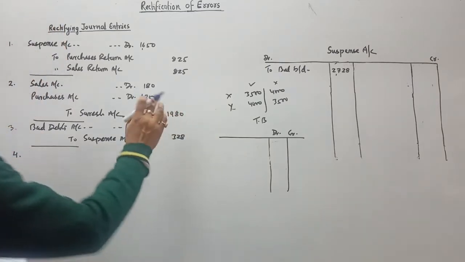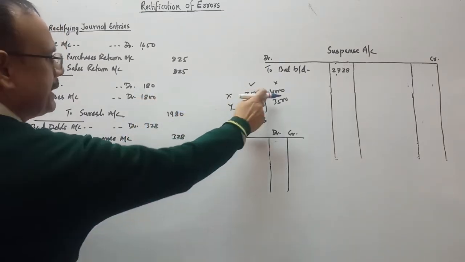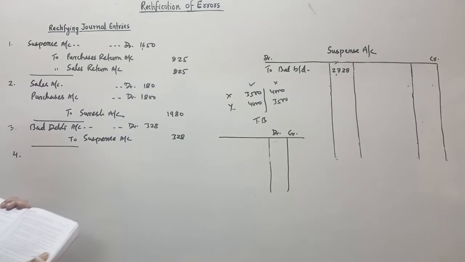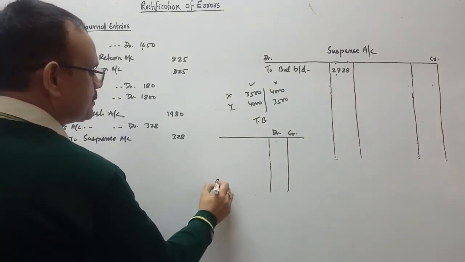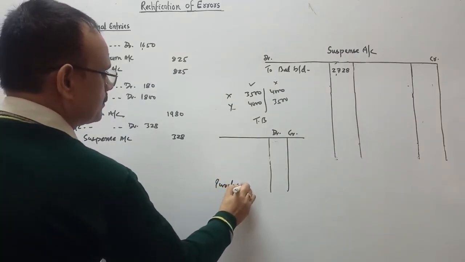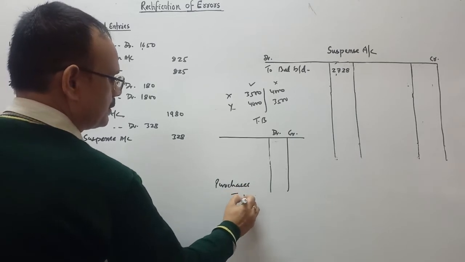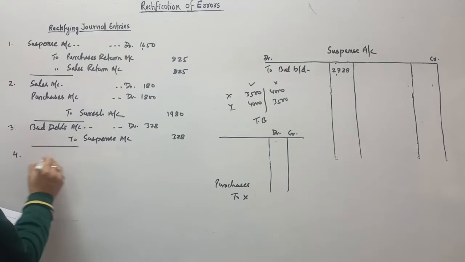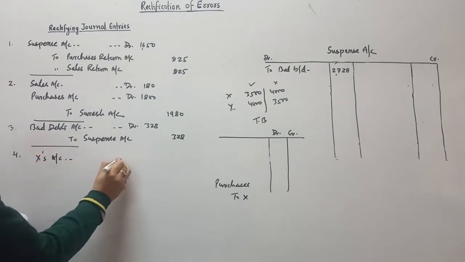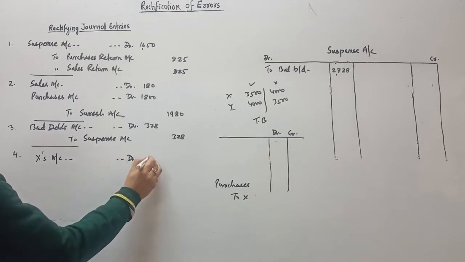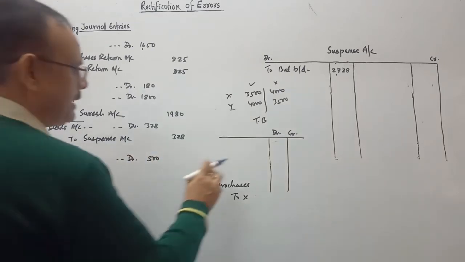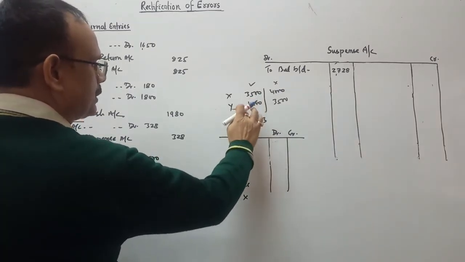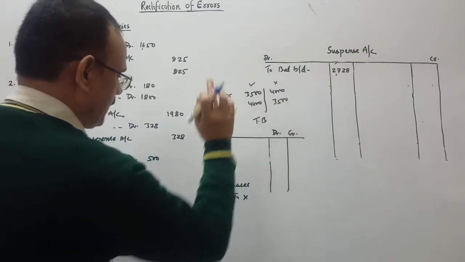So here, first of all, in X you have written more amount in the X ledger. The entry is purchase to X. When you have written more amount in the X account, you debit the X account, because you have written 500 rupees more in the X account. And in Y's account, instead of 4000 you have credited only 3500.